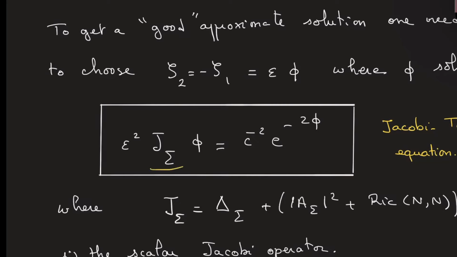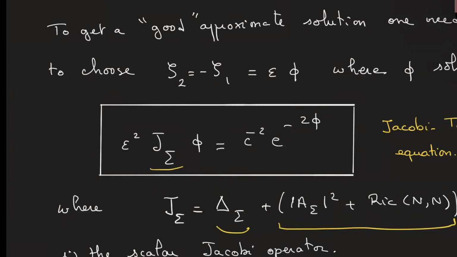And what is this operator that is coming out? This is just what is called the Jacobi operator. This is the linearized mean curvature operator about the minimal surface sigma. So this operator is nothing but the Laplacian on sigma, plus a potential. And this potential has two terms.